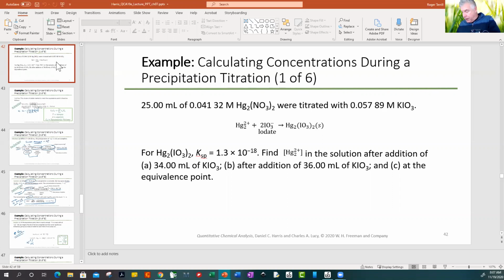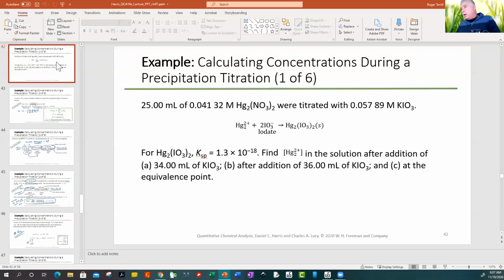And then the titration goes as Hg2 2+ plus 2 iodates makes Hg2(IO3)2 solid, right? And we know Ksp here, for example, Ksp is equal to 1.3 times 10 to the minus 18.